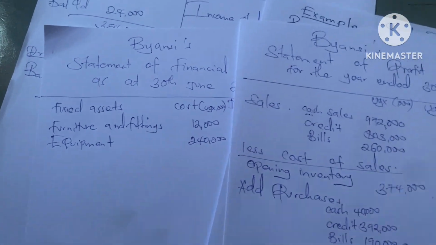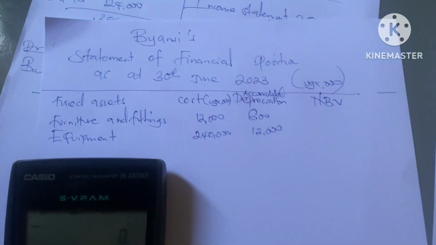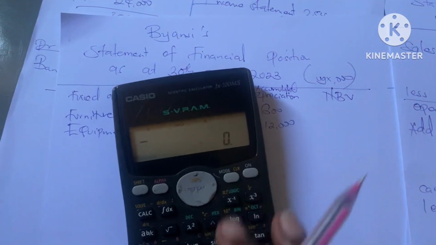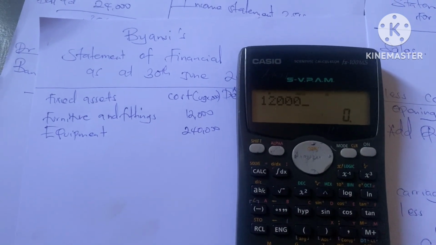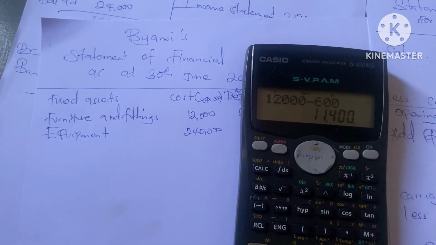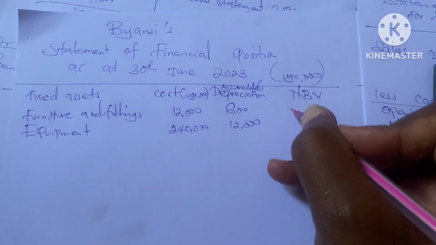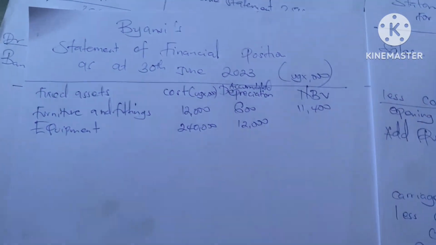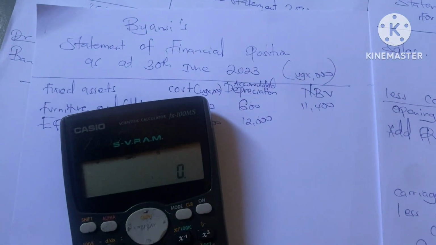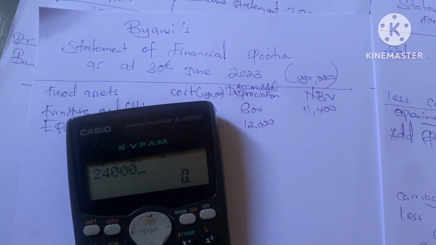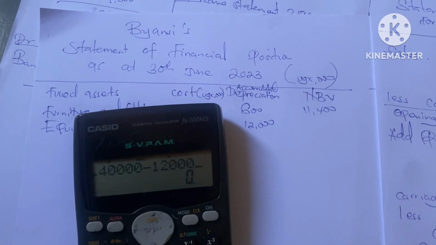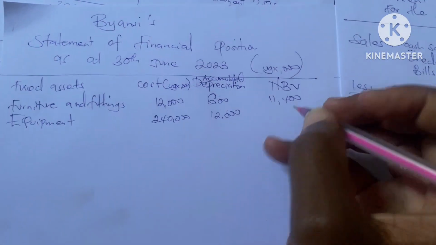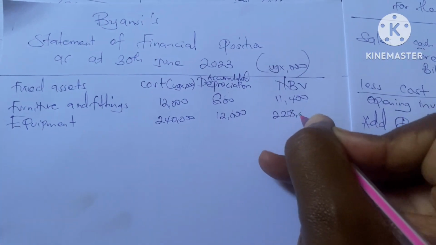So here is my calculator. 12,000 minus 600, 11,400. Then 240,000 minus 12,000, 228.